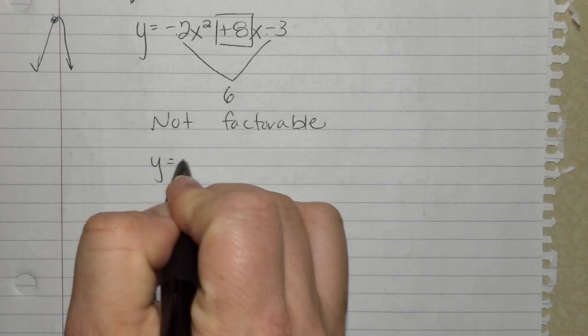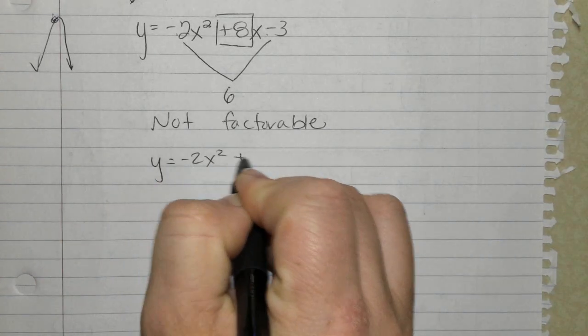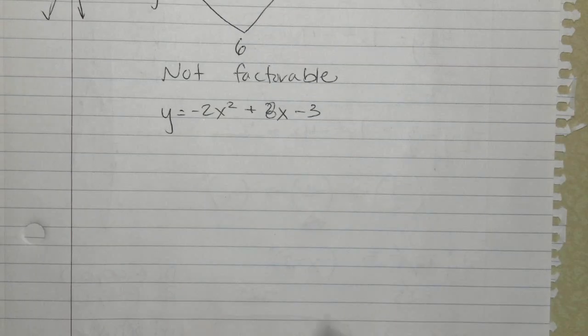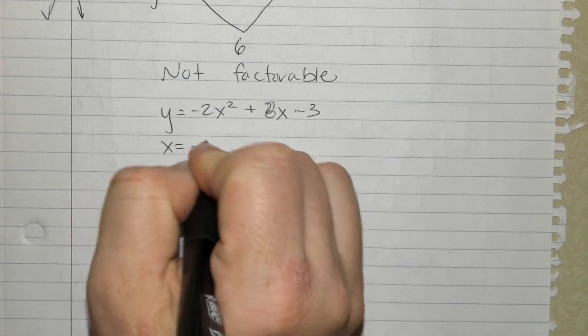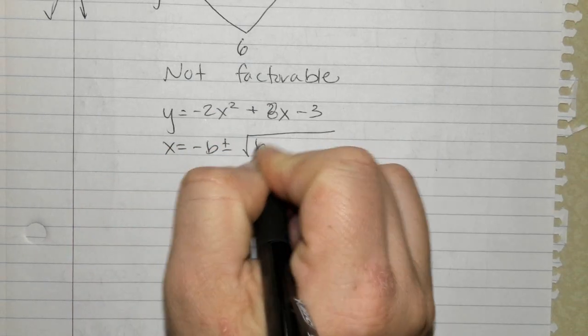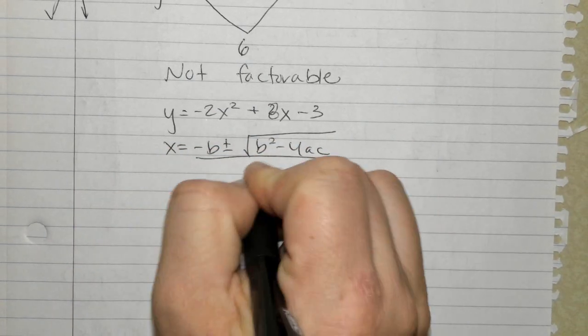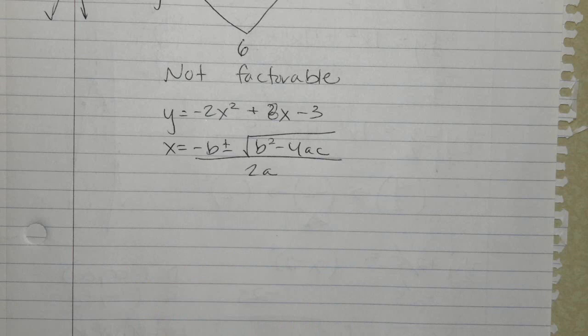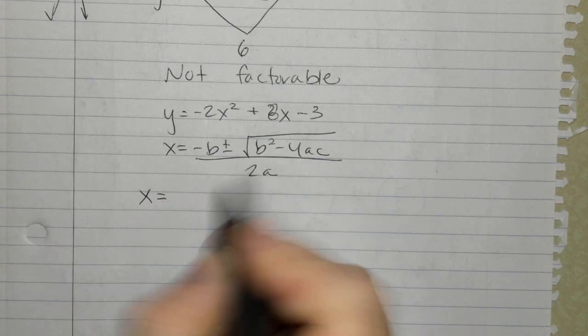We're going to take this in standard form, and we are going to find the solutions using the quadratic formula. A is -2, B is 8, and C is -3. And I'm going to let the calculator do the tough work.